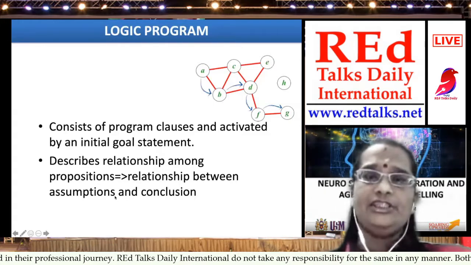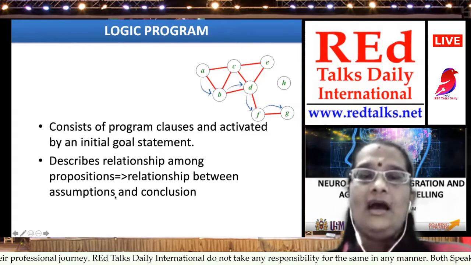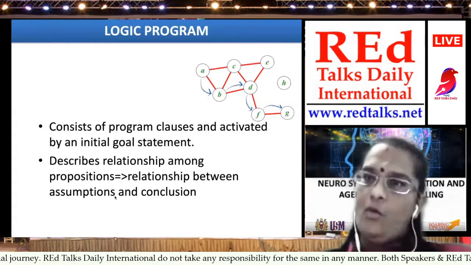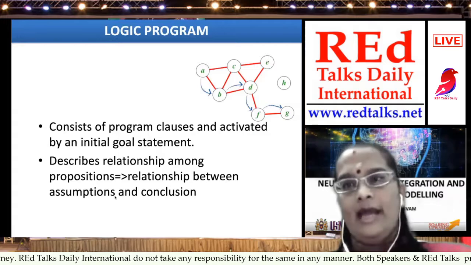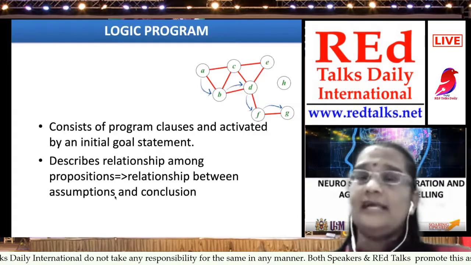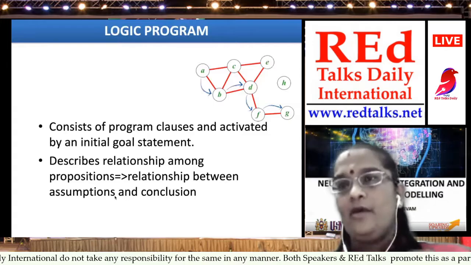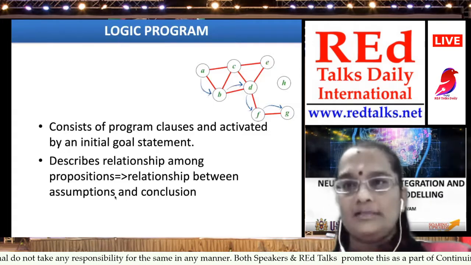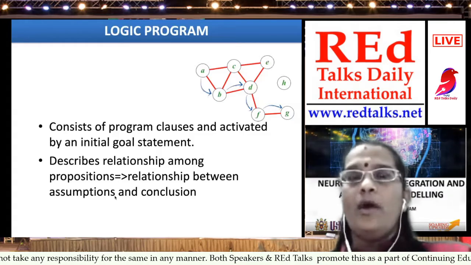It describes relationships among propositions and relationships between assumptions and conclusions. For example, one morning, I go out from my house and I see the grass is wet. There are a few assumptions as to why the grass got wet. One, it might have rained last night, or maybe somebody has poured water on it. So what happened?